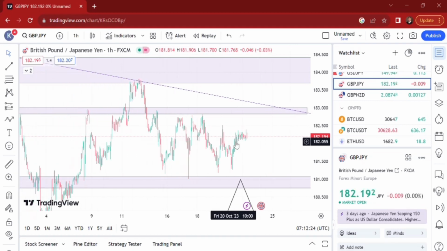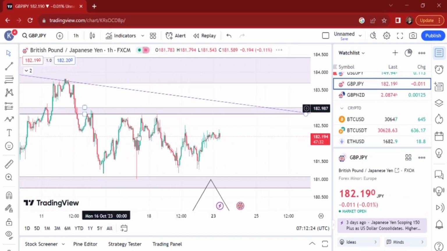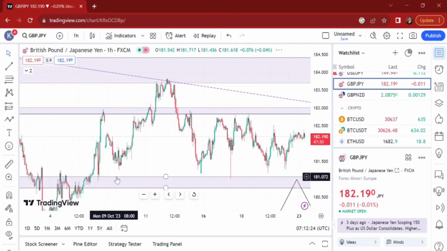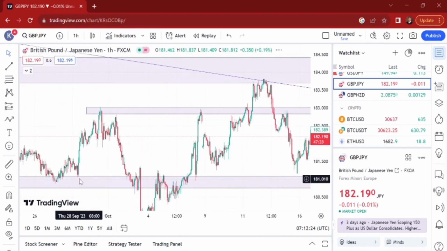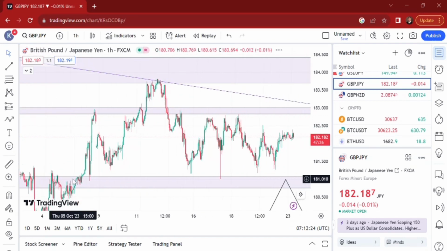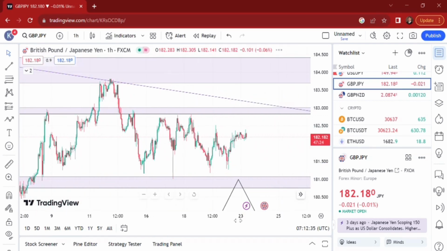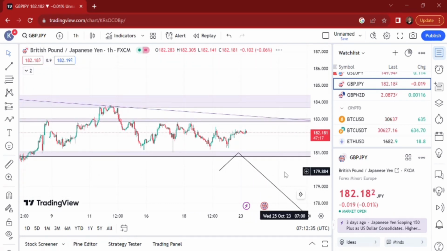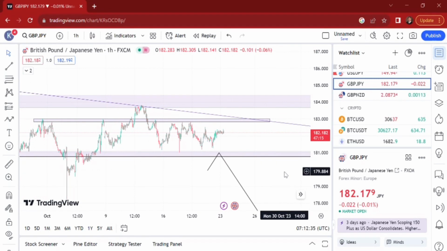So right now I just wait for price to break this neckline here, underneath this zone. Once it breaks the zone, then we test back on this neckline, then I will enter my sell. That's my confirmation for a sell on this trade.